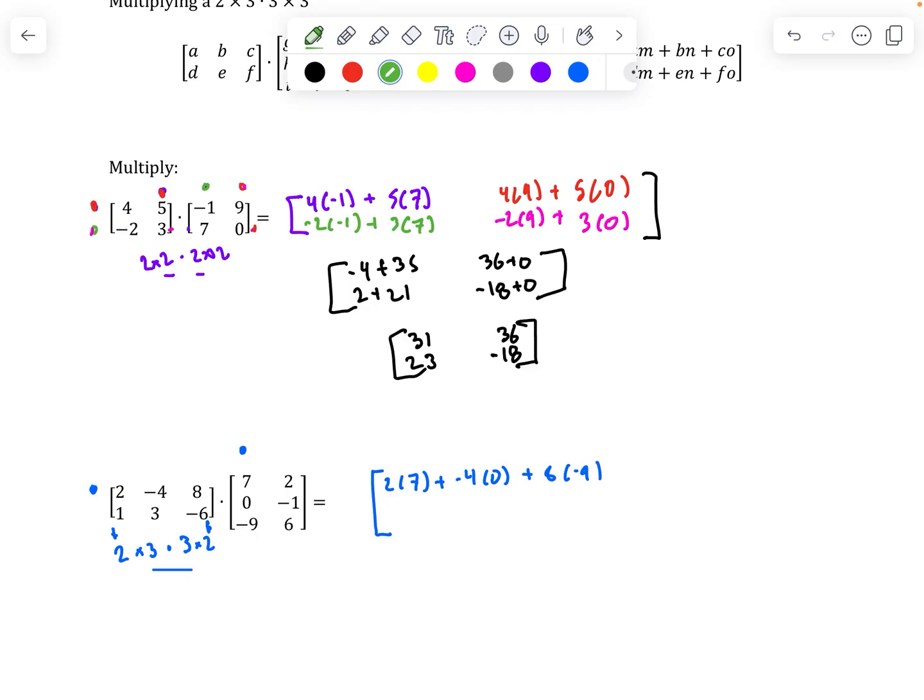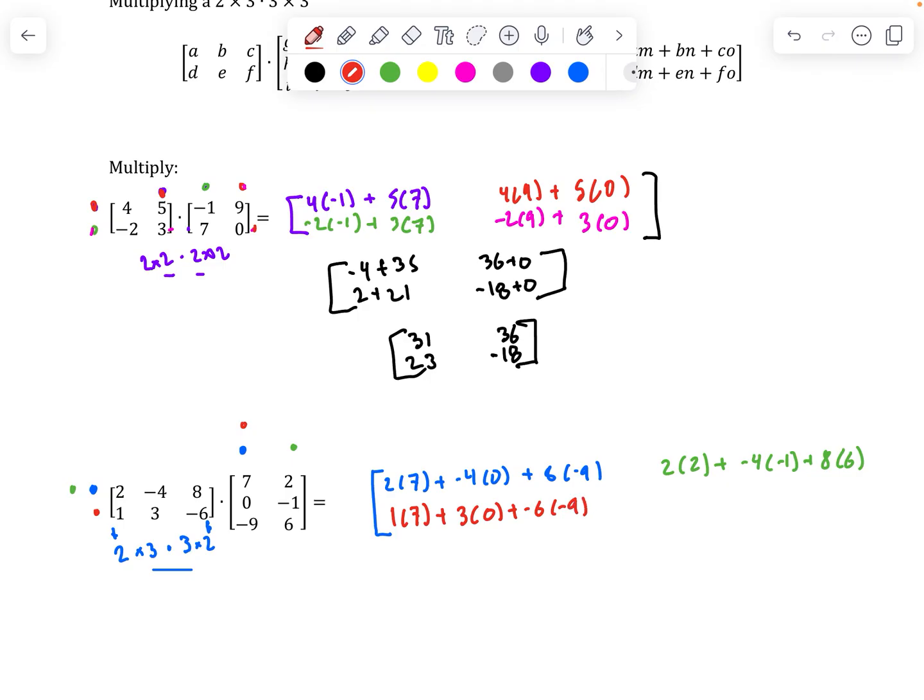Let's go to the first row now by the second column. 2 times 2 plus negative 4 times negative 1 plus 8 times 6. Let's go to the second row by the first column. 1 times 7 plus 3 times 0 plus negative 6 times negative 9.